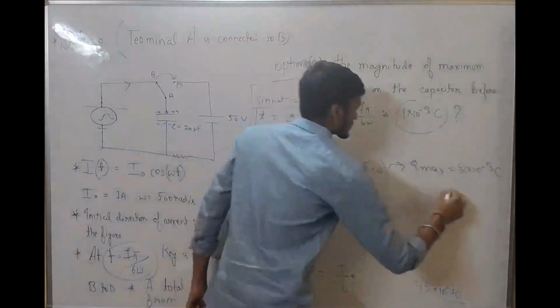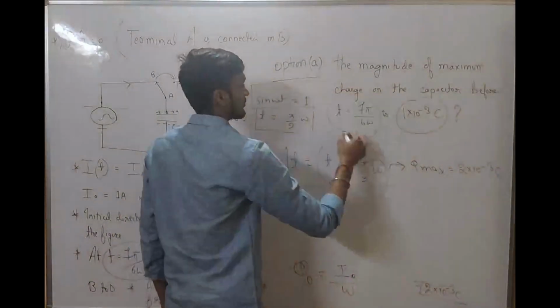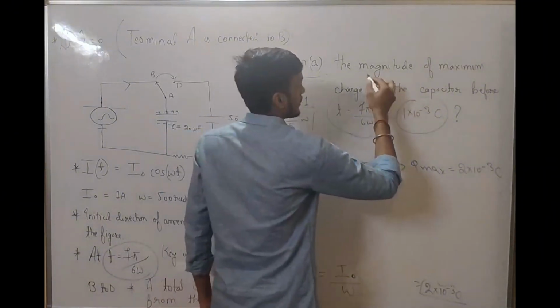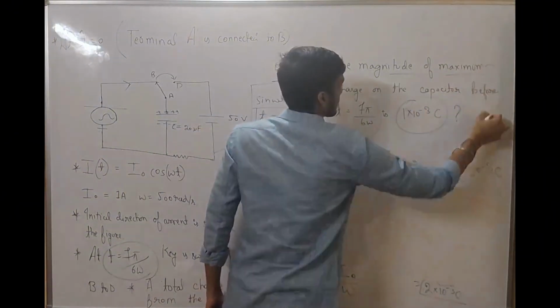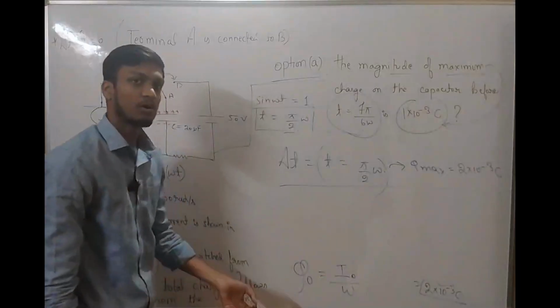The question asked is whether before 7 pi by 6 omega, the magnitude of maximum charge is 1 into 10 to the power minus 3 coulomb or not.